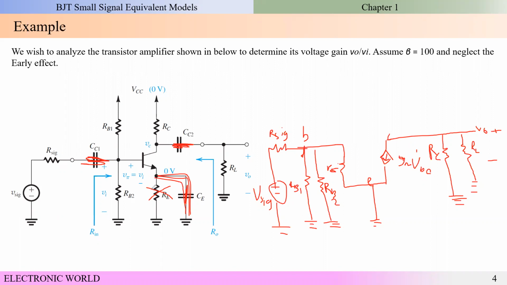We can neglect these resistors because we assume the frequency of the signal voltage is considerably high. This RB1 resistor is coming to this terminal, and this RB2 resistor is coming to this terminal, and this VCC is connected to the ground, and this RL is coming to this, and RC is coming to this.